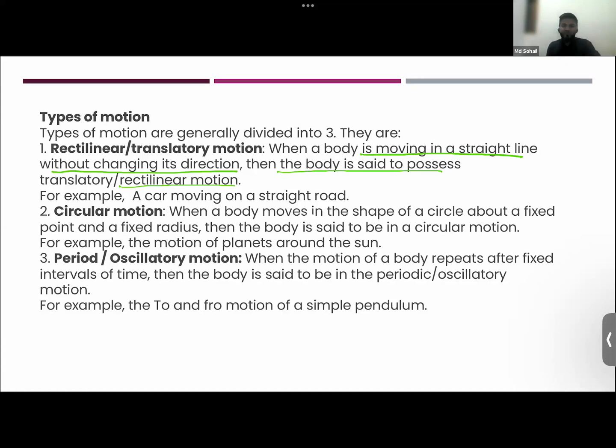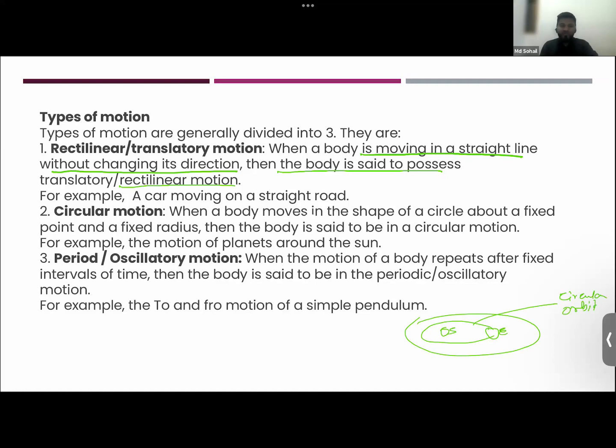Similarly, some bodies perform circular motion. For example, Earth moves around the sun in a circular path, in a circular orbit. This is the circular orbit of Earth moving around the sun.